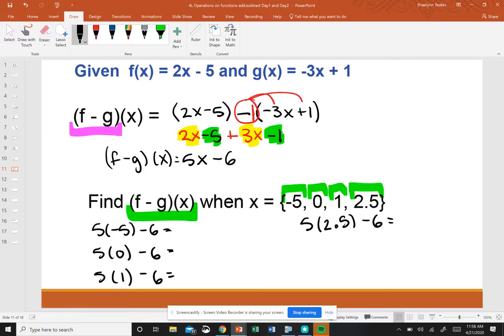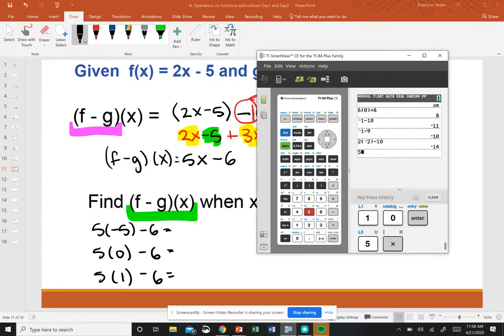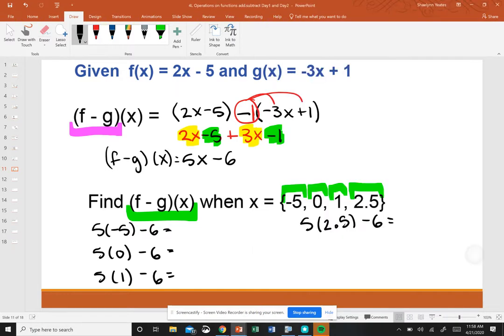So if I do 5 times -5 minus 6, I get -31. And if I do 5 times 0 minus 6, I get -6. If I do 5 times 1 minus 6, I get -1.